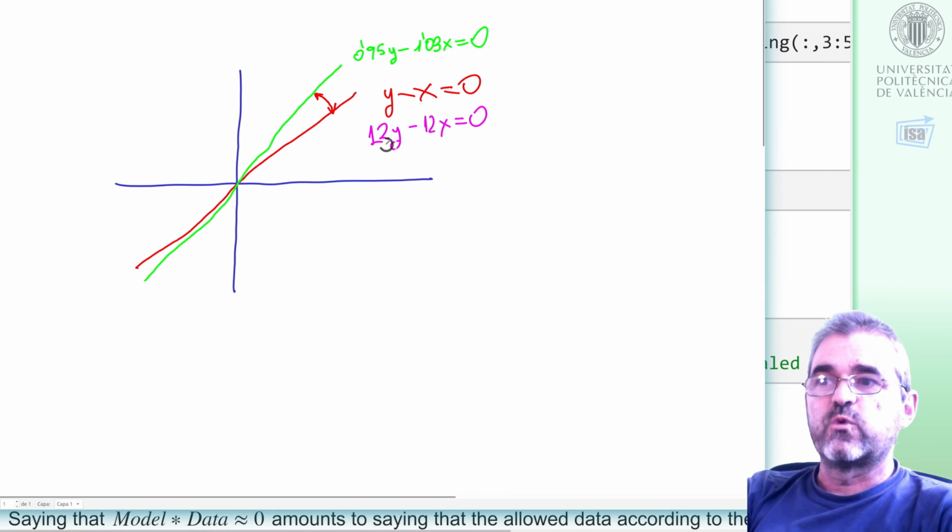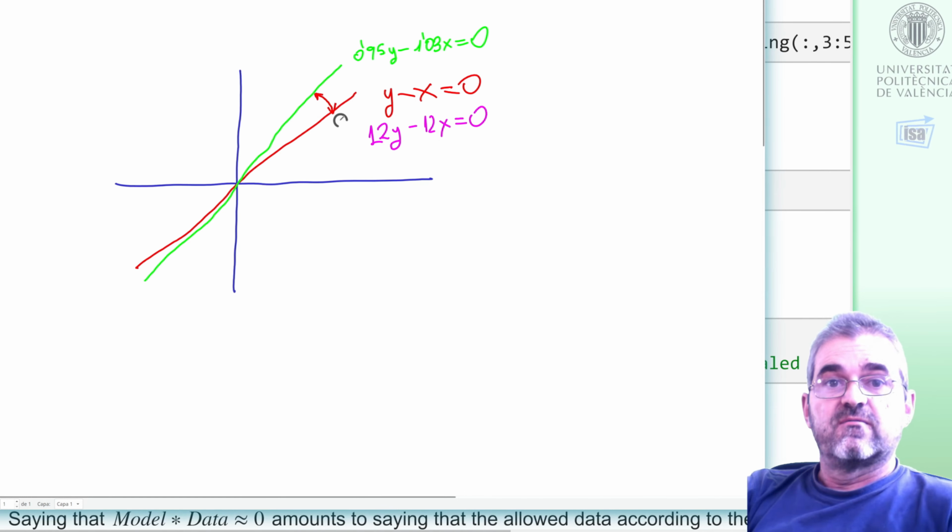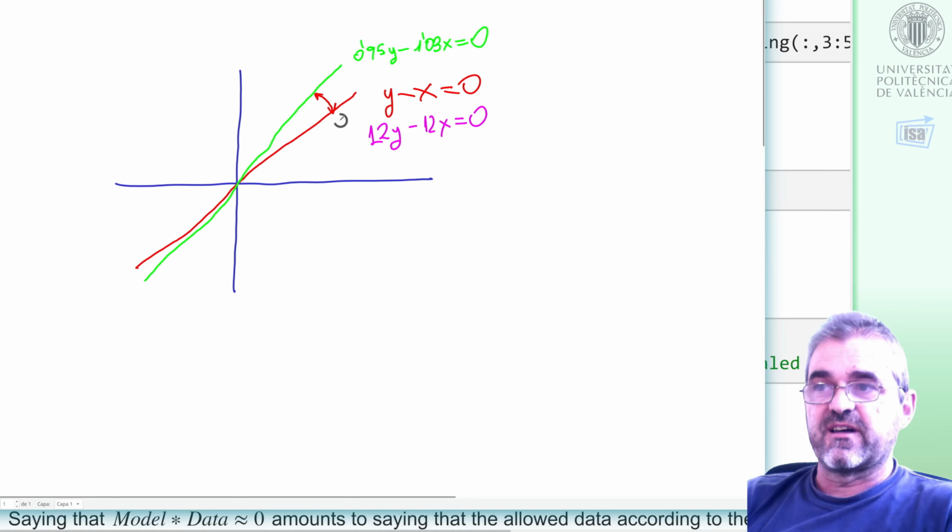I may have 12y minus 12x equals 0. That is actually the same model. It has the same null space as the red line. So we will compute the angle between the valid regions of the 5D space dictated by our different models.